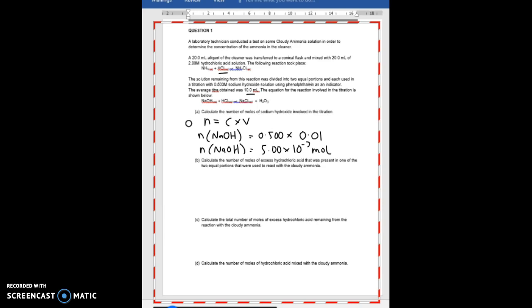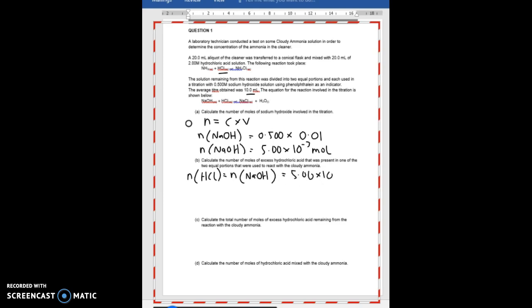So we've worked out that the number of moles of HCl equals the number of moles of NaOH, so that equals 5.00 times 10 to the minus 3.